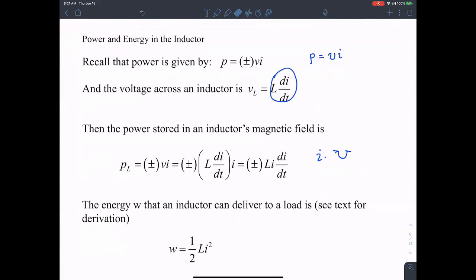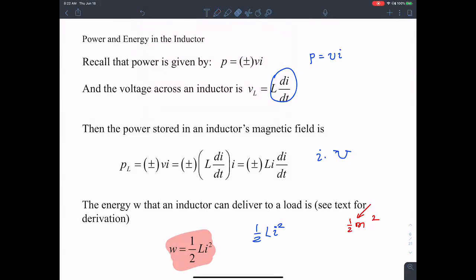The energy that an inductor can deliver to the load is given by this formula, 1/2 Li squared. Okay, this is a familiar form for energy that we know. 1/2 mv squared, the kinetic energy of a body of mass m moving with a velocity v.